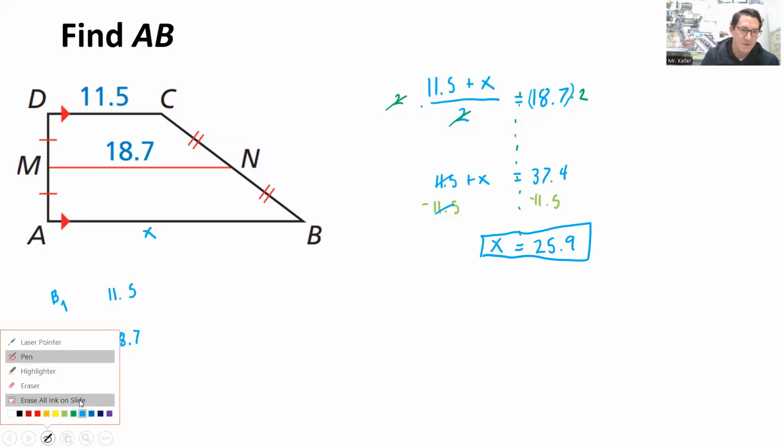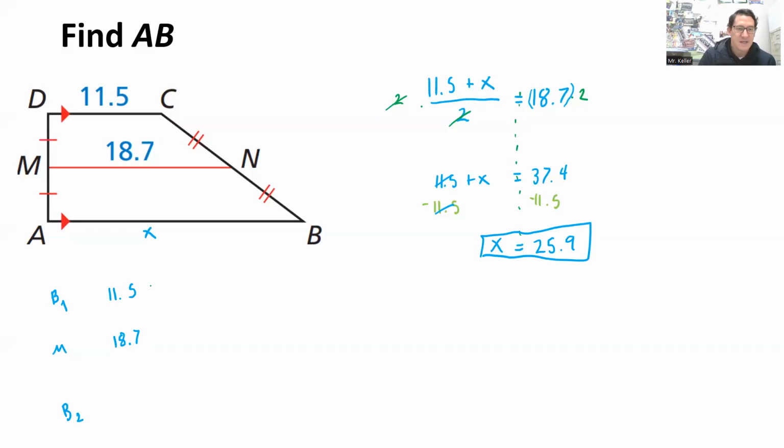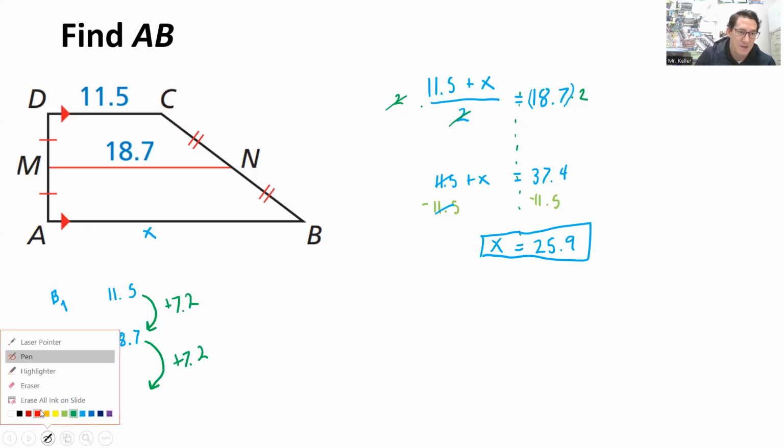Since it's the average between the two, whatever I add to 11.5 to get to 18.7 would be the same I'd add to get to base 2. So 11.5 plus, that's going to be 7.2. I add 7.2. So 11.5 plus 7.2 is 18.7. If I do the same thing to 18.7, I get 25.9.